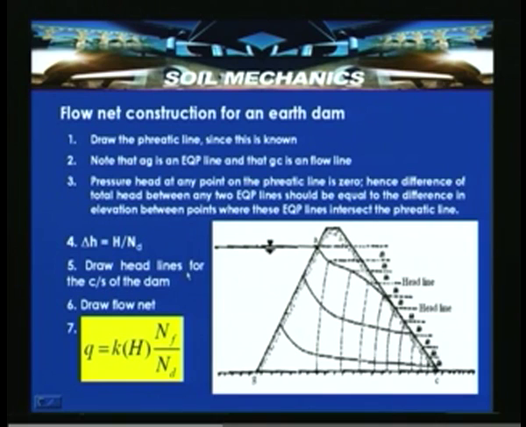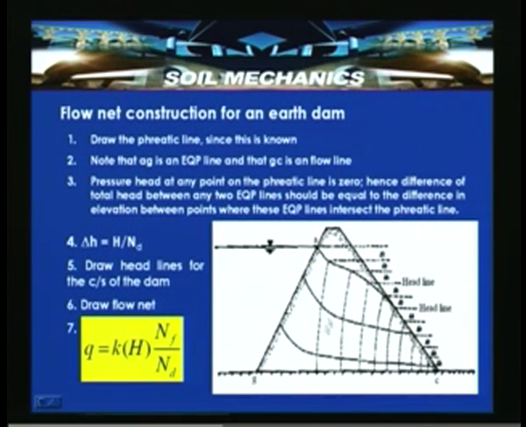Draw the total head lines for the cross section of the dam, draw the flow net, and then the seepage is determined. Q is equal to K into H, which is the head driving the flow, times Nf by Nd, where Nf is the number of flow channels. In this case, if you approximate, there are 2.5 flow channels.